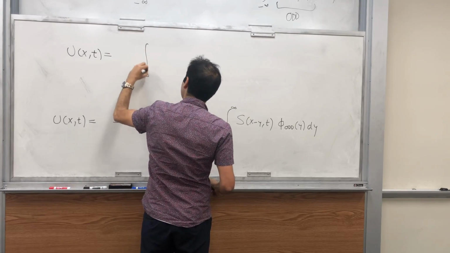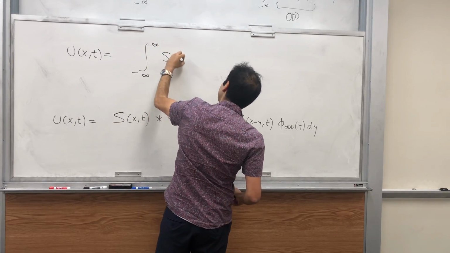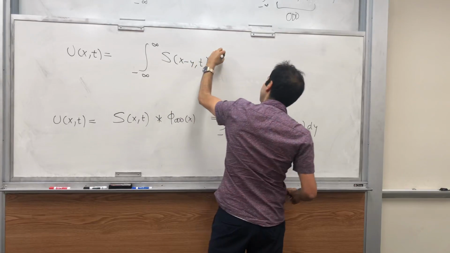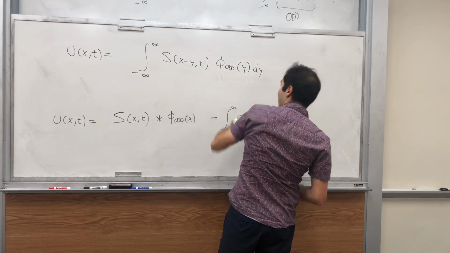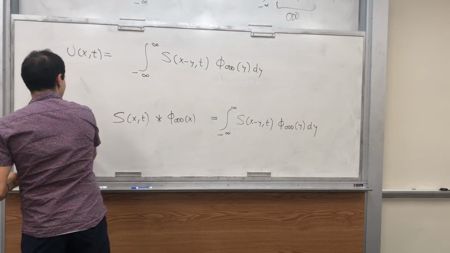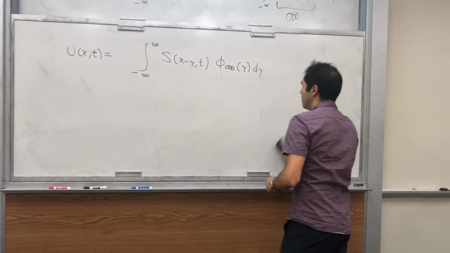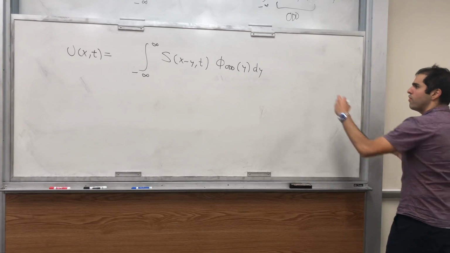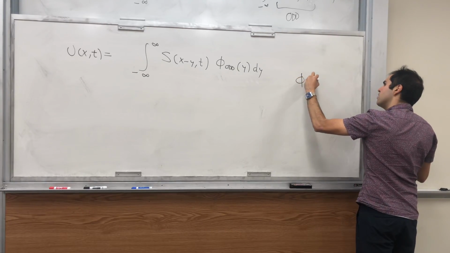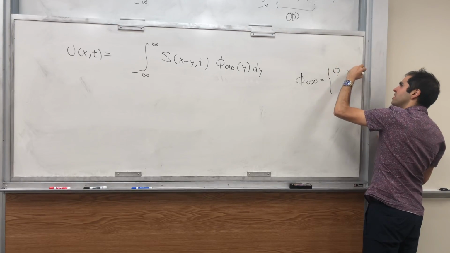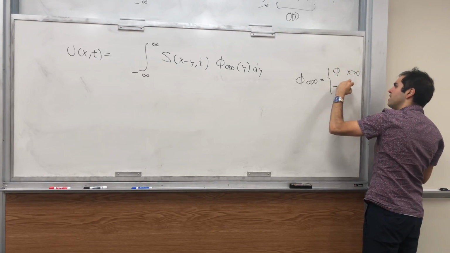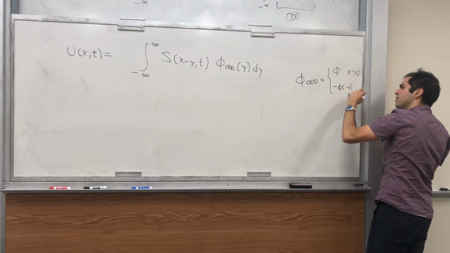So this is the integral from minus infinity to infinity of s of x minus yt, phi odd of y dy. Now, remember what phi odd is, right? It's basically, think of it as phi of x for x positive and minus phi of minus x for x negative.